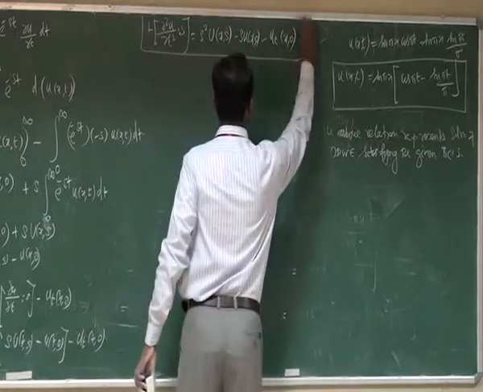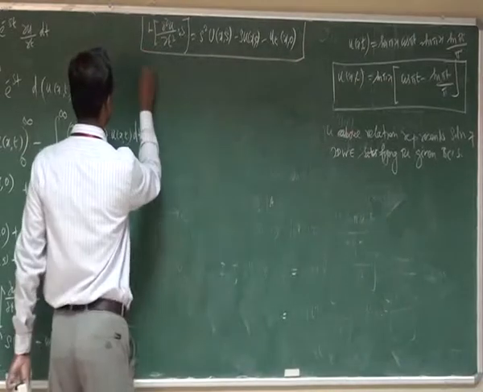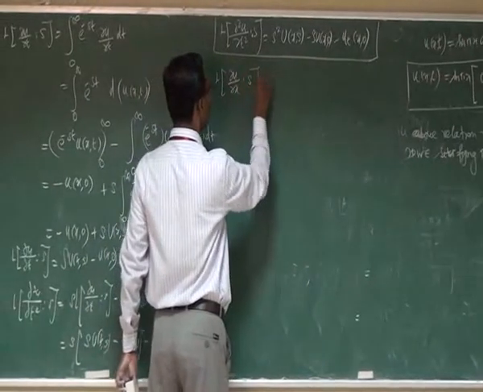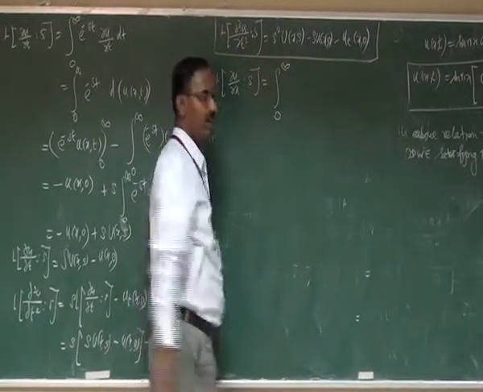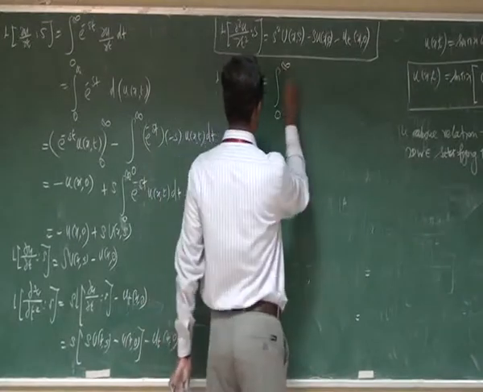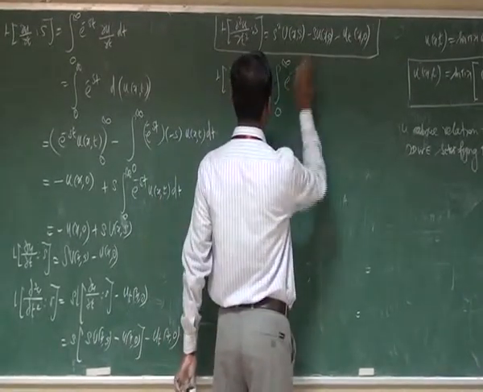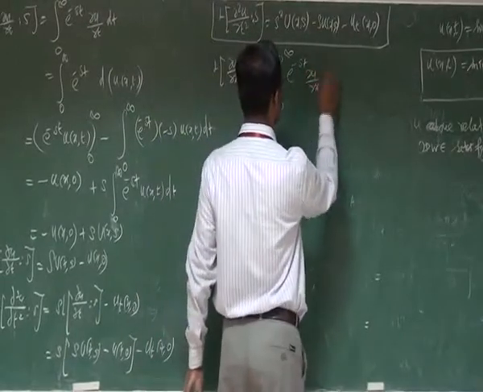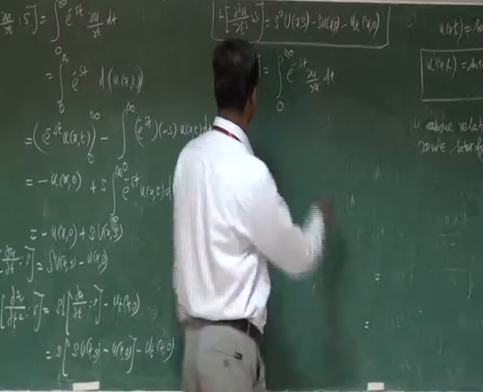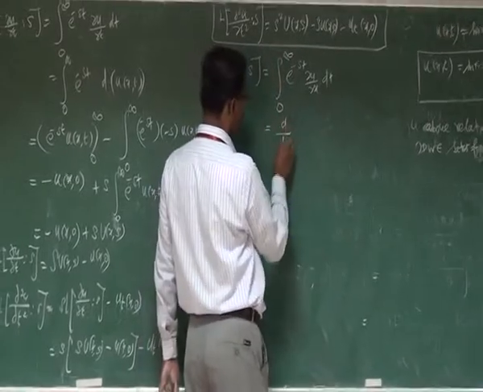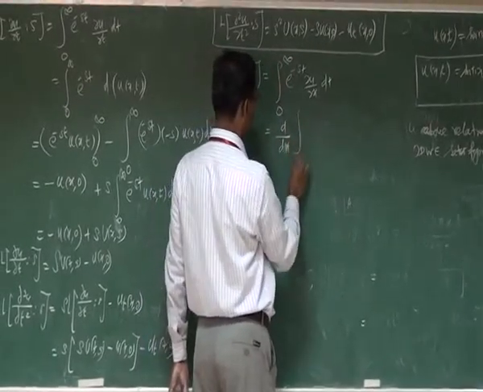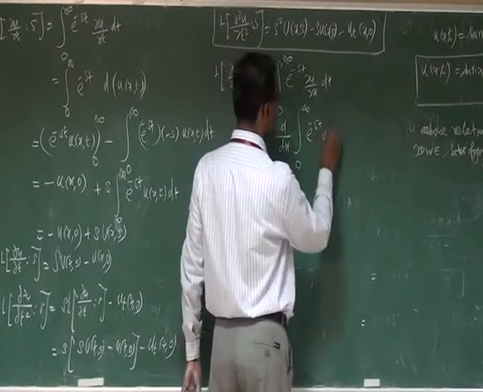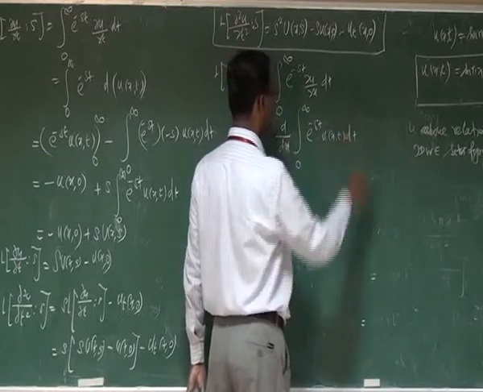In a similar way we can find the Laplace transform of dou u by dou x. By the definition, integral 0 to infinity e power minus st, dou u by dou x into dt, is equal to d by dx of integral 0 to infinity e power minus st u of x comma t dt.